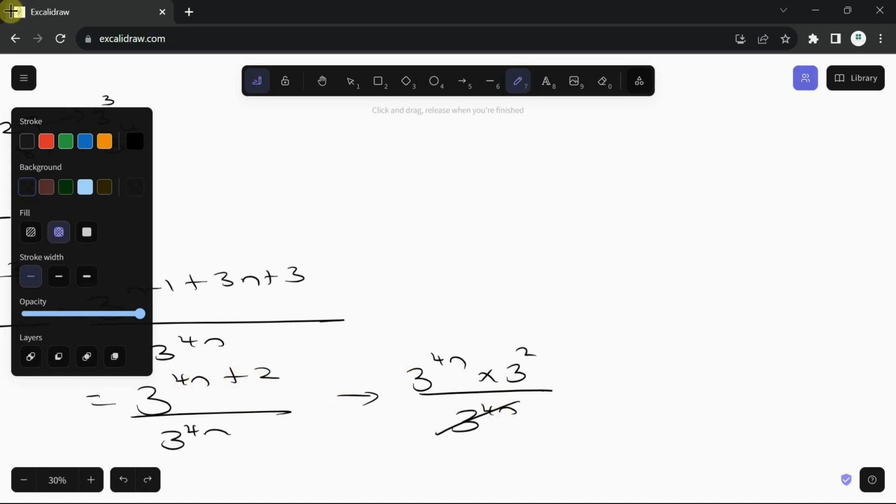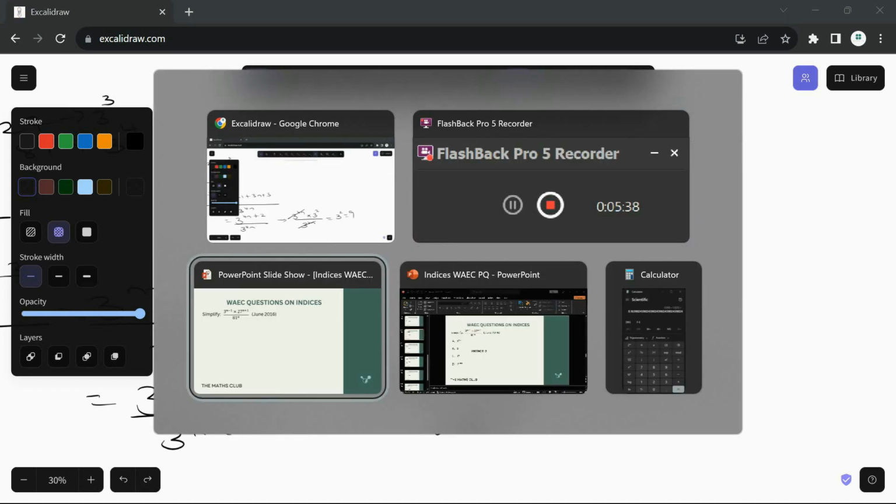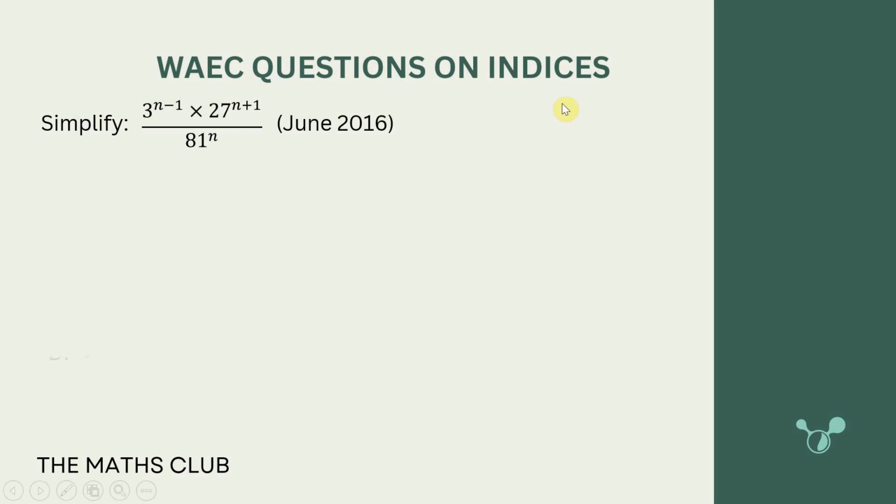Since it's multiplication on top and division below, I can just cancel out. So this will remain only 3 raised to the power of 2. And that means our answer is 9, because 3 raised to the power of 2 is 9. So that is option B. Great.